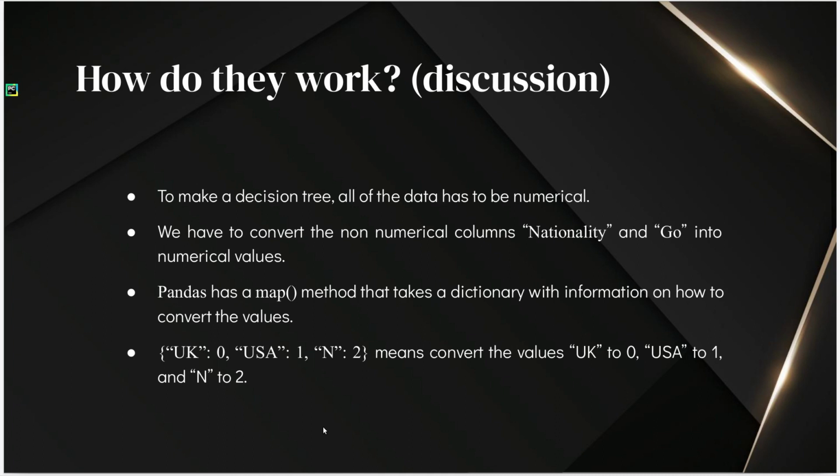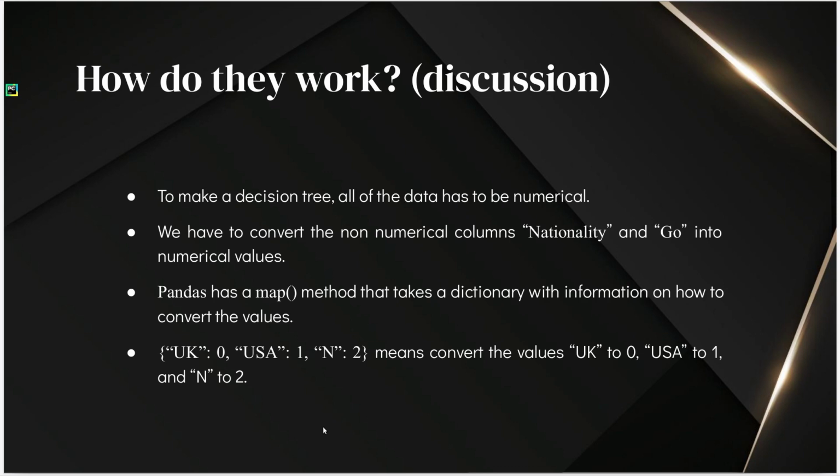Okay, so to make a decision tree, all of the data has to be numerical. And as you will see when I show you this example, our dataset has some non-numerical columns, such as nationality of the comedian and whether the person went or not.